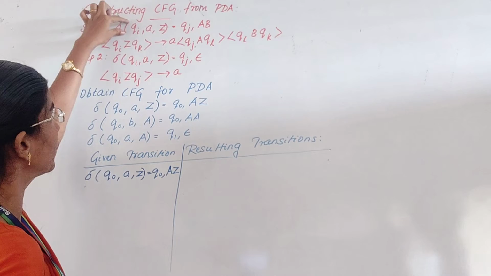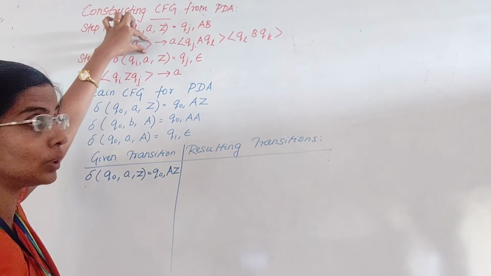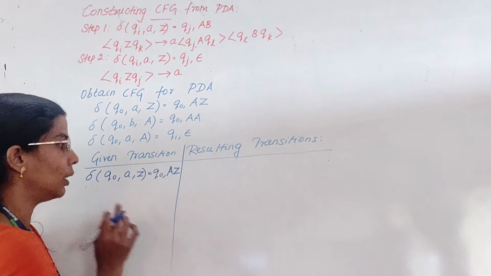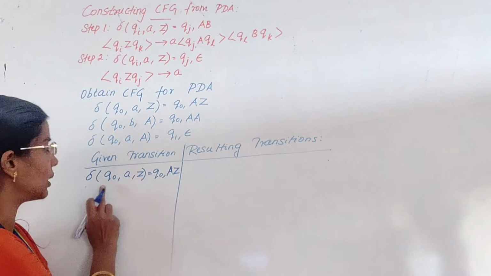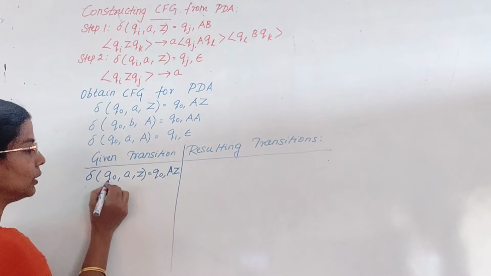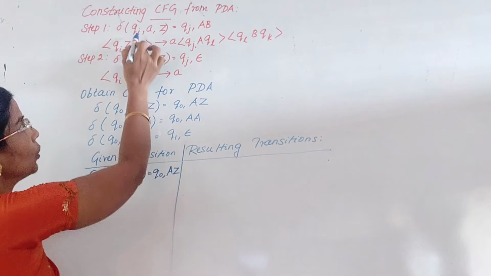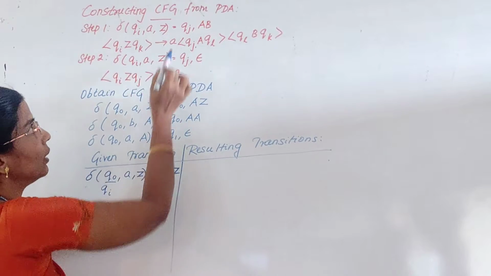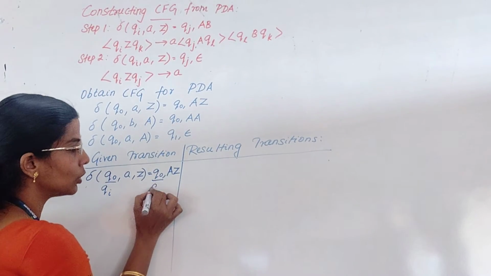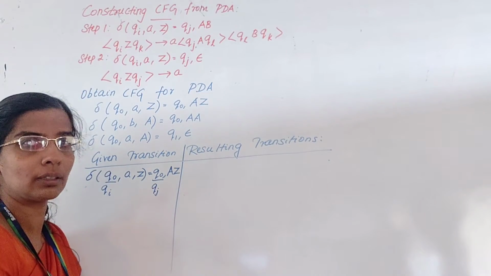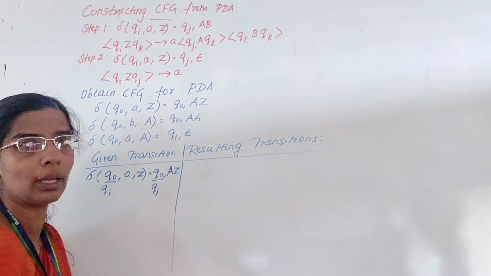So this type of transition I have to convert into this type of context-free grammar. Now see here, this Q0 is your QI, and this Q0 is your QJ. Here it is AB, I have AZ, and here my input symbol is A.